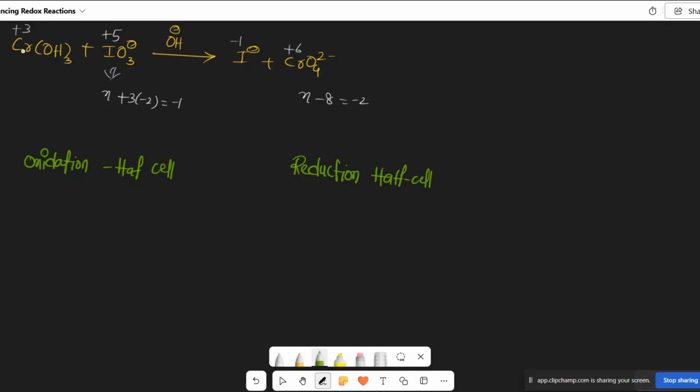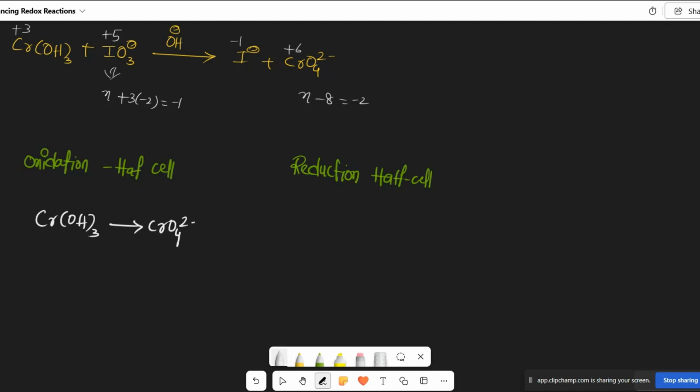Here chromium goes from plus 3 to plus 6. It is losing 3 electrons, and the oxidation state is increasing. So this is the oxidation half cell: Cr(OH)3 going to CrO4 2 negative, and this side is the reduction half cell.